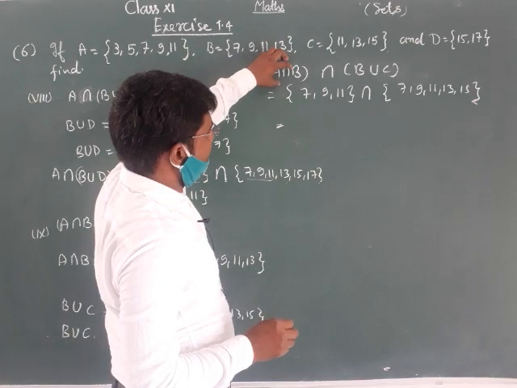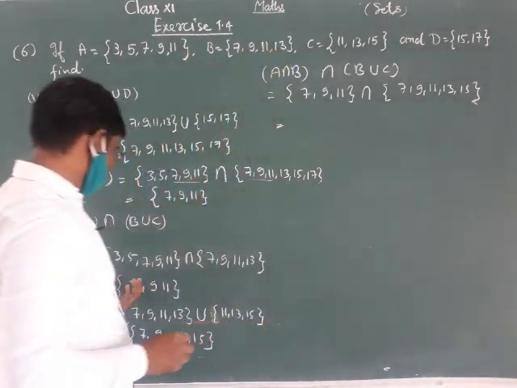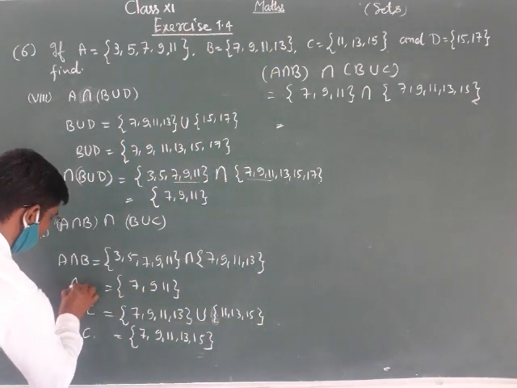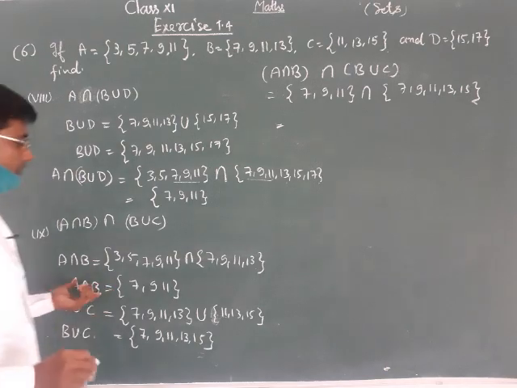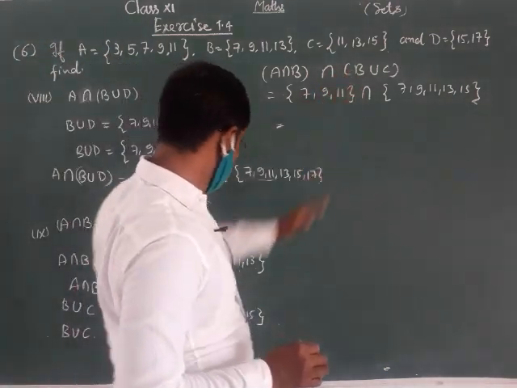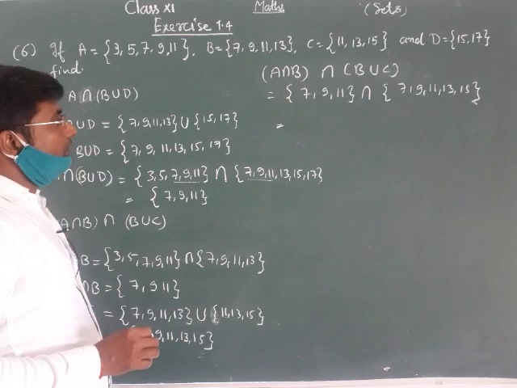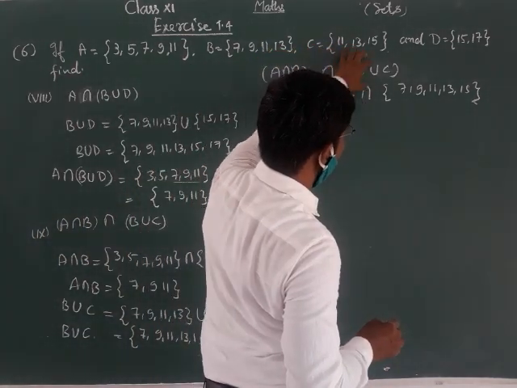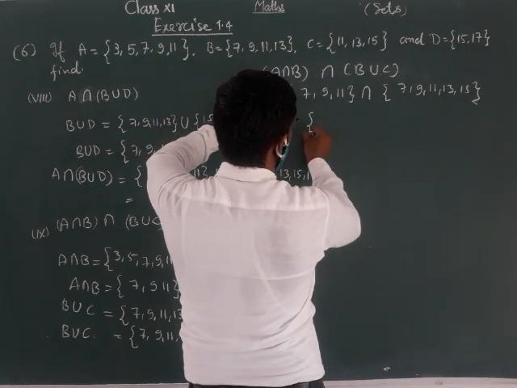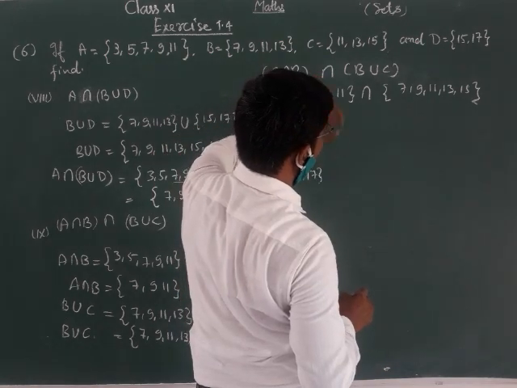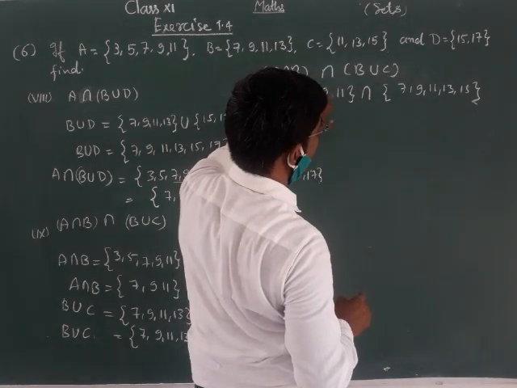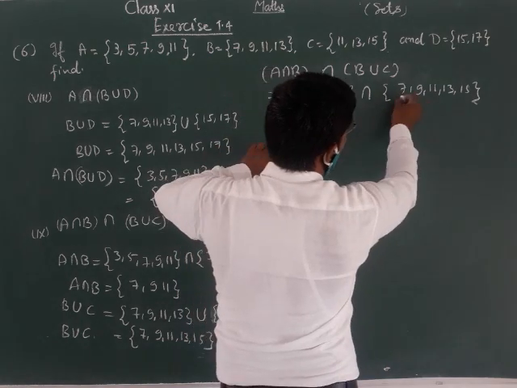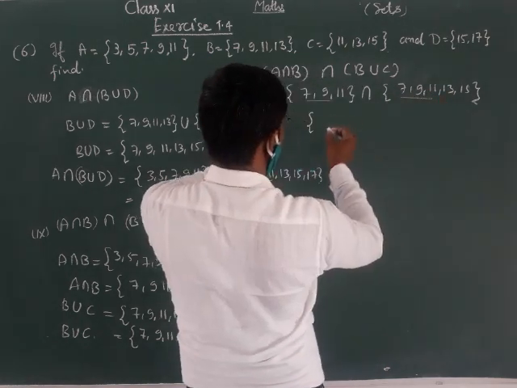So this is here A intersection B, and this is B union C, and we take the intersection of both, the common elements in both sets: 7, 9, 11.